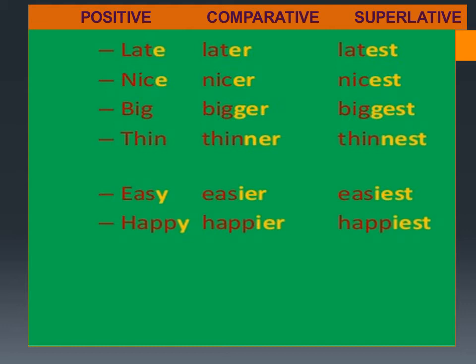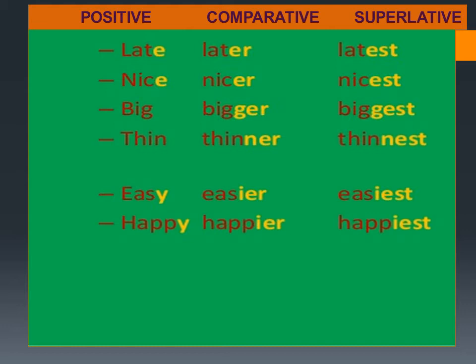In the same way, to change it to superlative degree, the same word late, E is dropped, and in the place of E, EST is added. That becomes latest. Did you understand? Next example, nice. The word is ending with the letter E. So to change it to comparative degree, this E is removed or dropped and in its place ER is added.